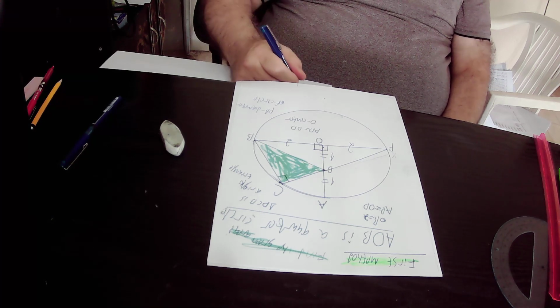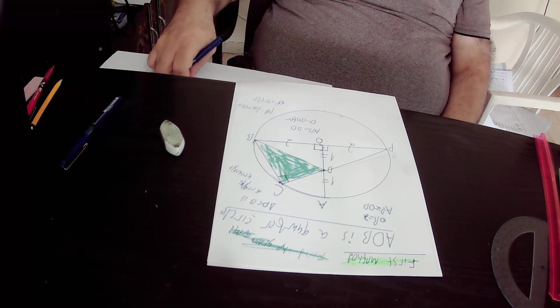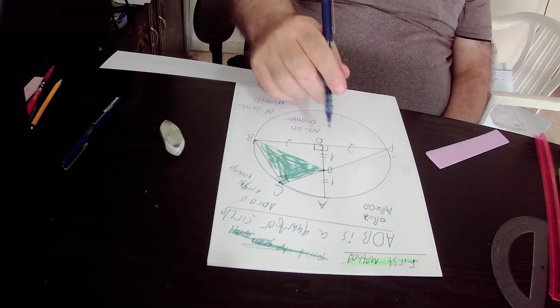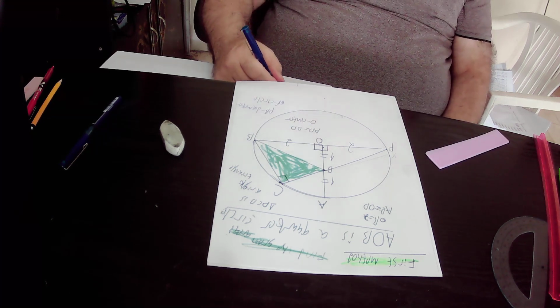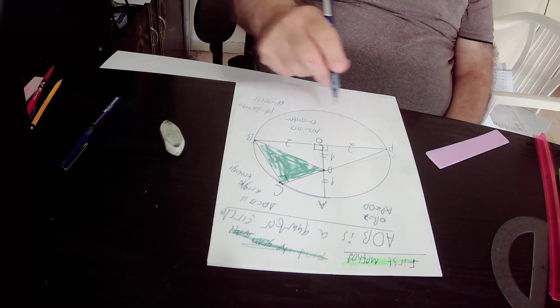So the square of the hypotenuse is PD square, and it must be equal to DO square plus PO square.